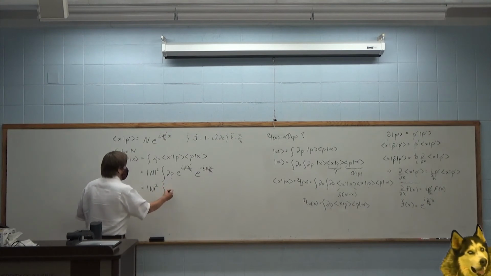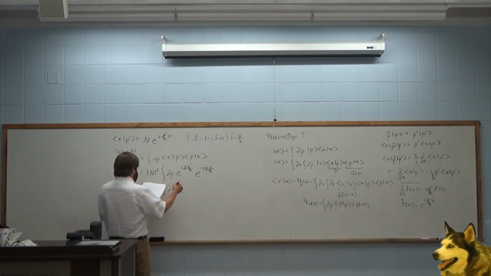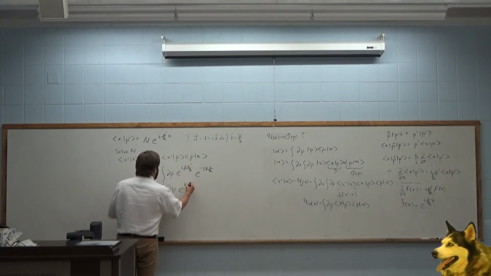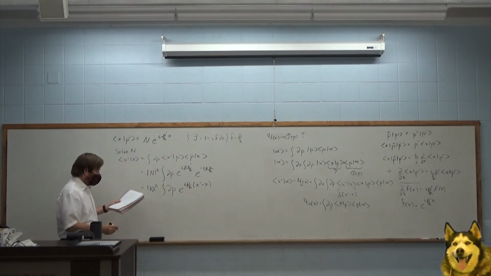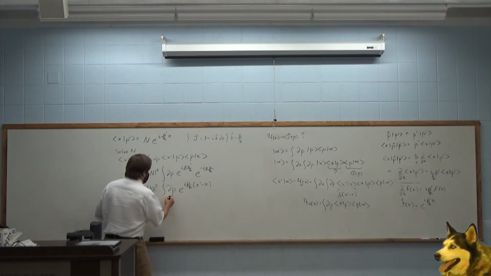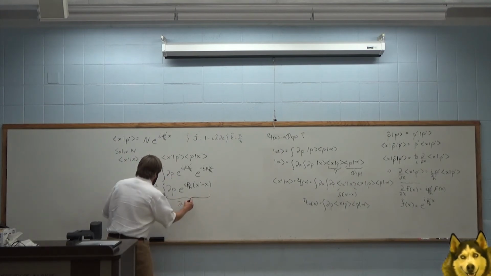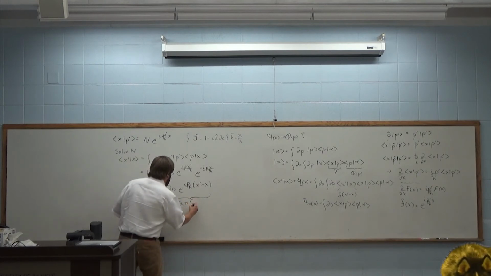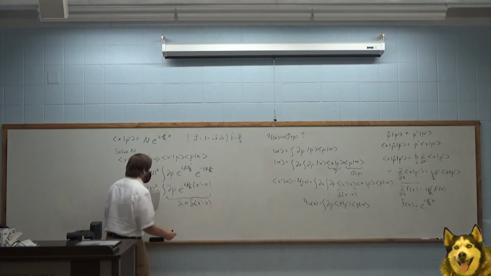Okay, you can imagine I'm going to put this in a very familiar form: i p over h bar, and I've got x prime minus x, which hopefully is very familiar from homework number 1, 2 pi delta function of x minus x dash.